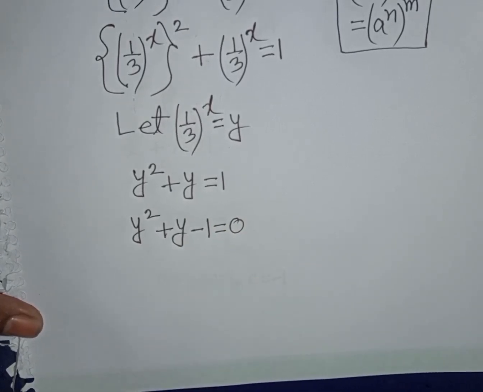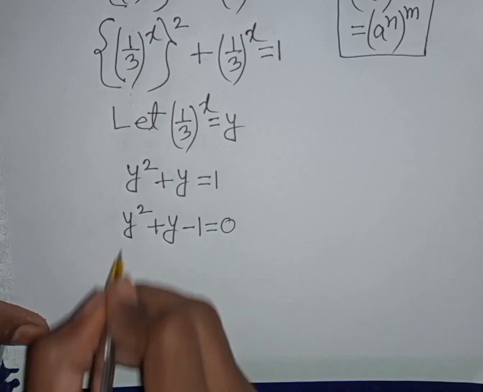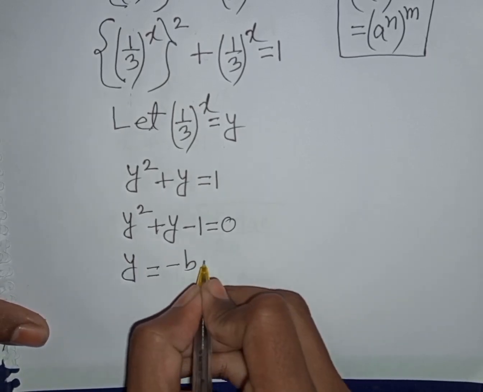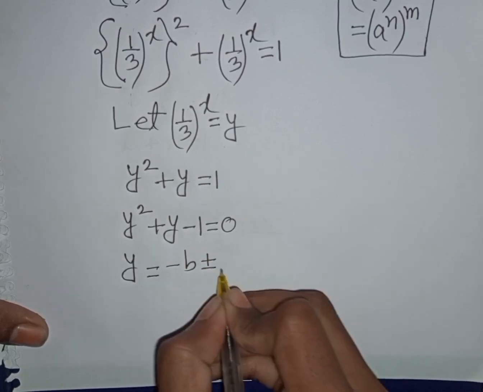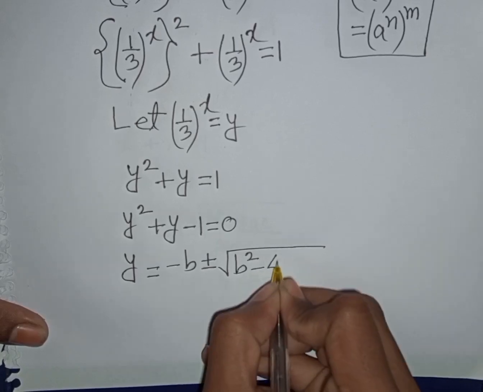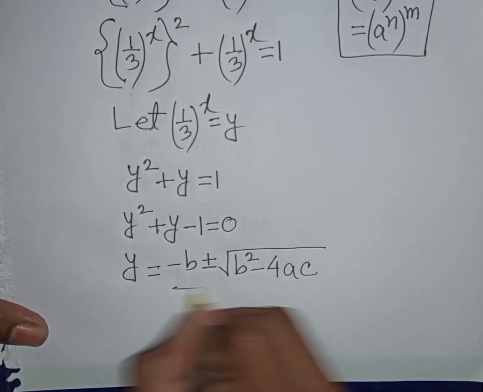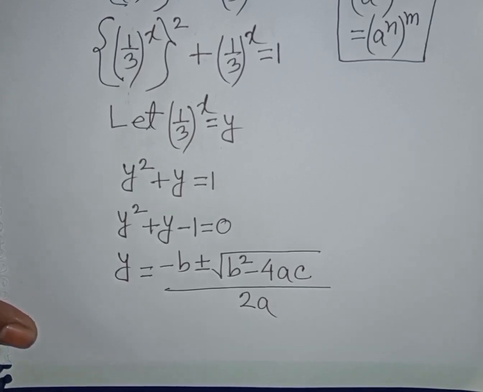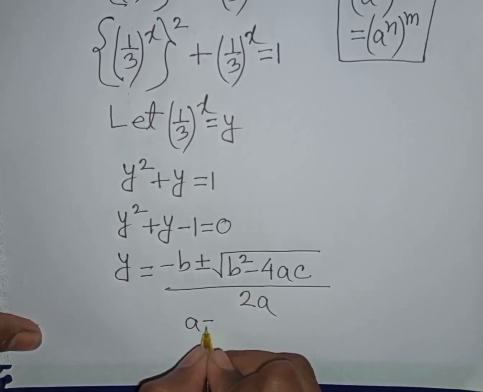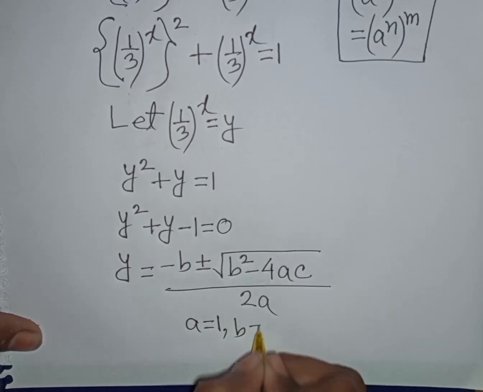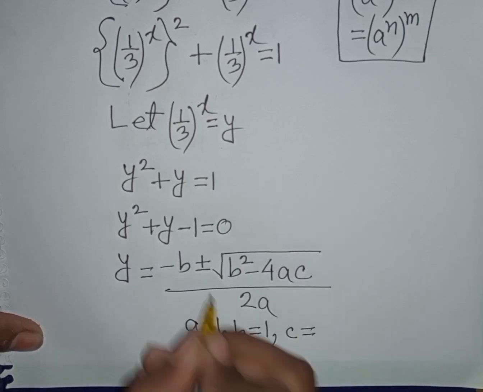Now here I can apply the quadratic formula, so I can write y is equal to minus b plus or minus square root of b square minus 4ac, divided by 2a. Here a will be equal to 1, b is 1, and c will be equal to negative 1.